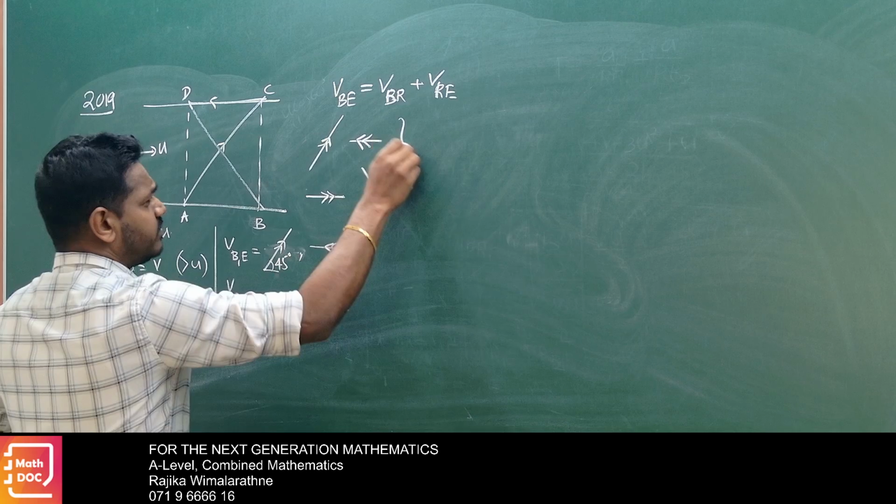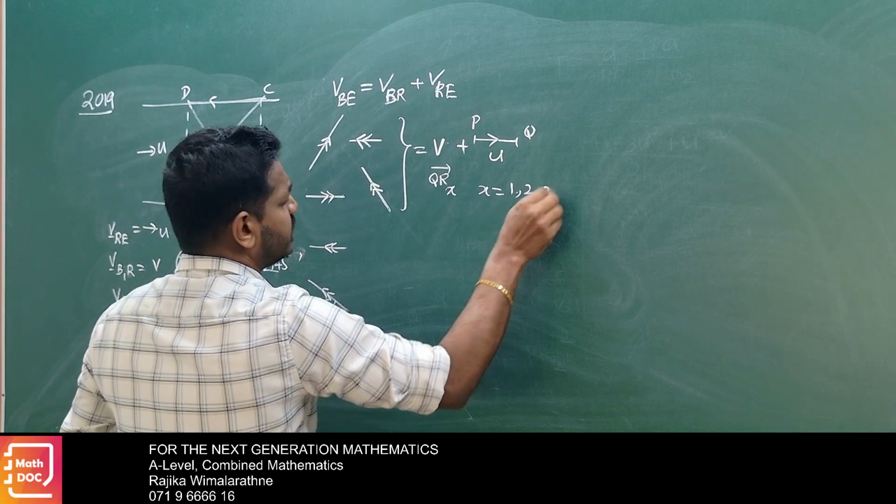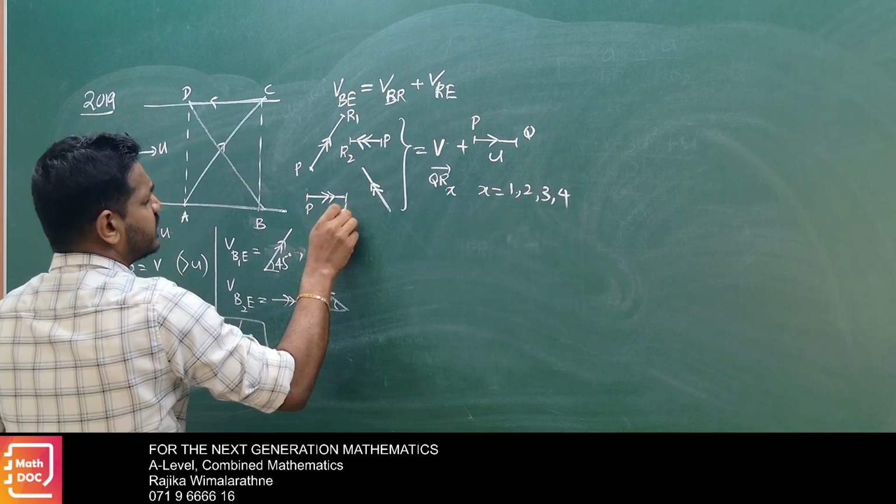Here V, here U. Then U is a fixed value PQ. Then here QR vector, there are four cases, put Rx here, x equal 1, 2, 3, 4. Then PR1, PR2. Here PR3, here PR4.